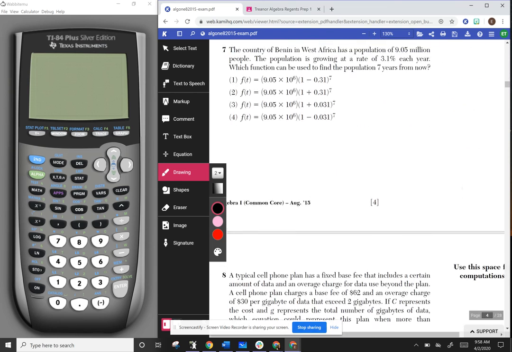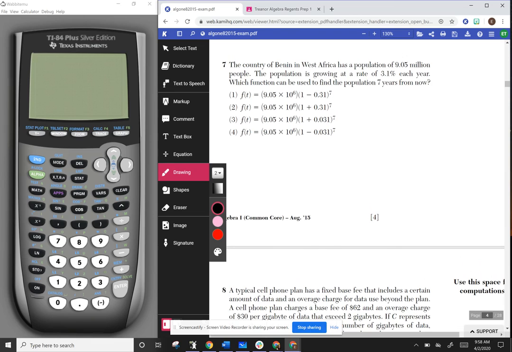Question 7. The country of Benin in West Africa has a population of 9.05 million people. The population is growing at a rate of 3.1% each year. Which function can be used to find the population 7 years from now?